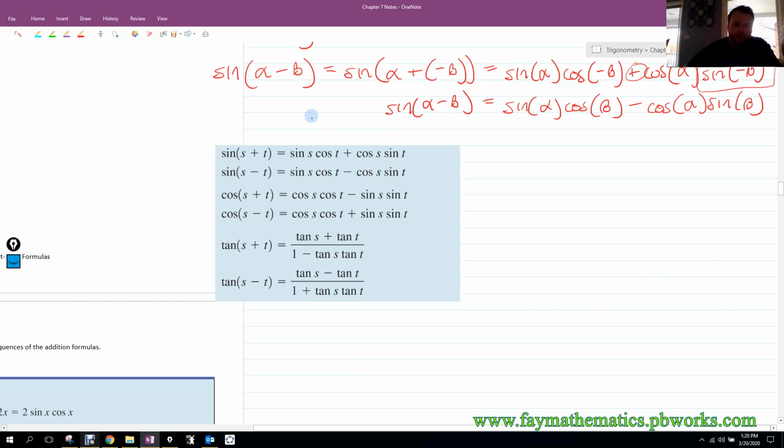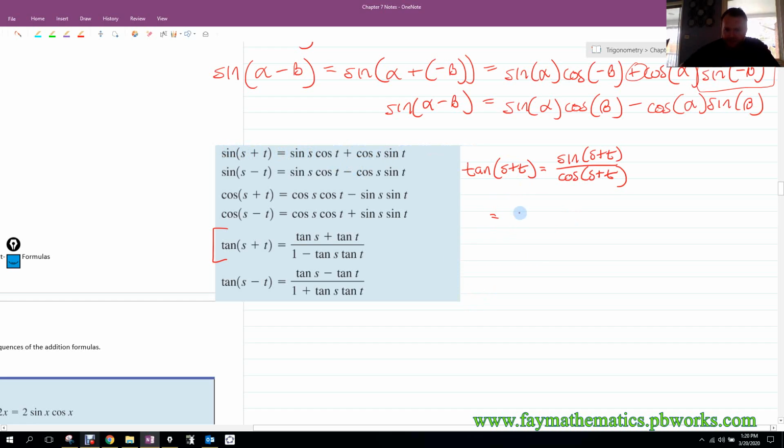Okay, so now what we're going to work on is generating this. If we want tangent of s plus t, we need to remember that it is the same thing as sine of s plus t over cosine of s plus t. So I'm going to figure out what sine of s plus t is.